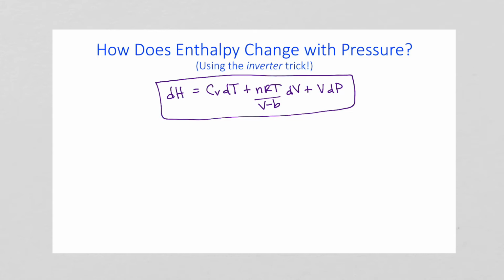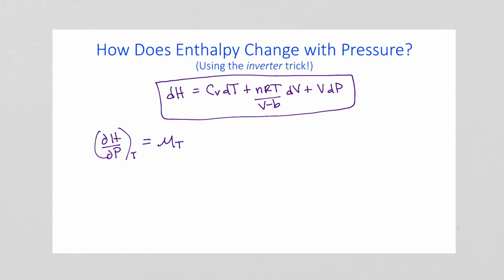We have our expression for the total differential for a van der Waals gas for the enthalpy. Essentially what we're doing is asking ourselves, what is dH/dP at constant temperature? That has a simplified notation, a symbol of mu T. There's no real interesting name for this quantity.